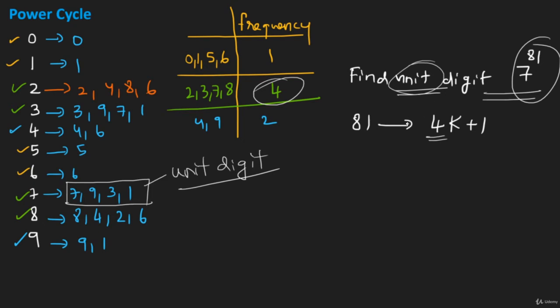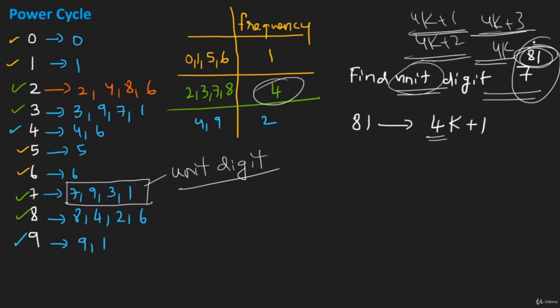So I have to find whether the power is of the form 4k plus 1, 4k plus 2, 4k plus 3 or 4k plus 4, which is the same as 4k. So only one of these 4 categories will this power belong to, and to identify that I just need to divide 81 by 4 and take the remainder. When I do 81 by 4, I'll get the quotient as 20 and the remainder is 1.